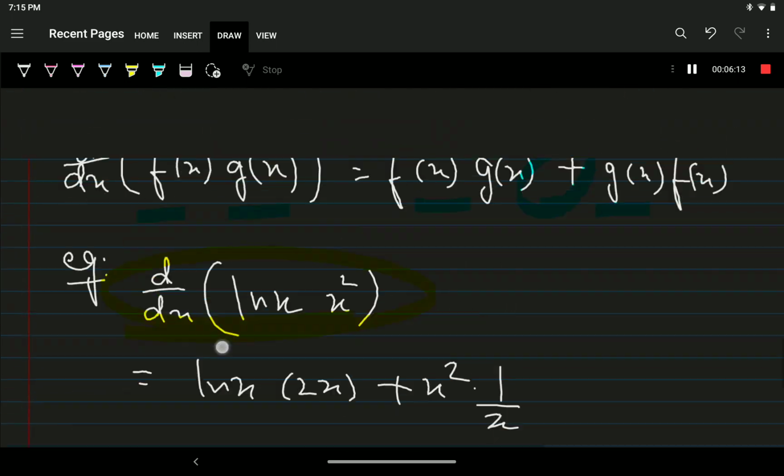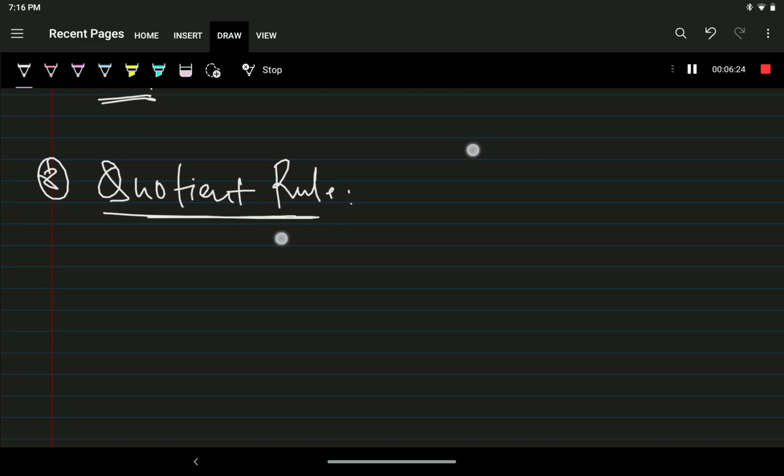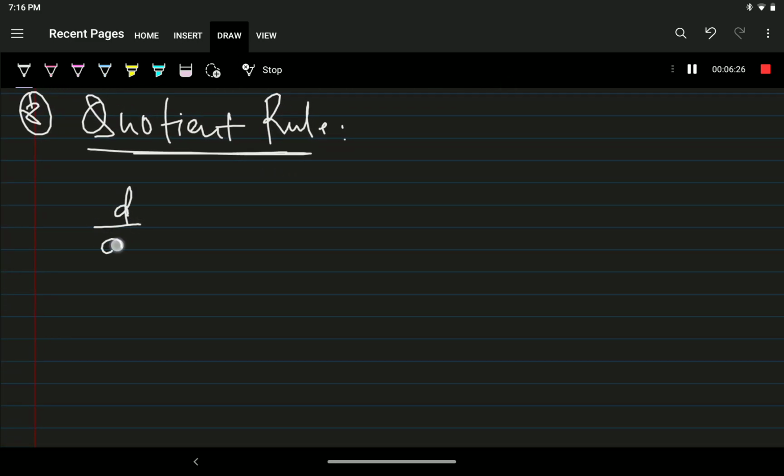Next, there is another rule which is known as the quotient rule. Quotient rule means d/dx of f(x) by g(x).